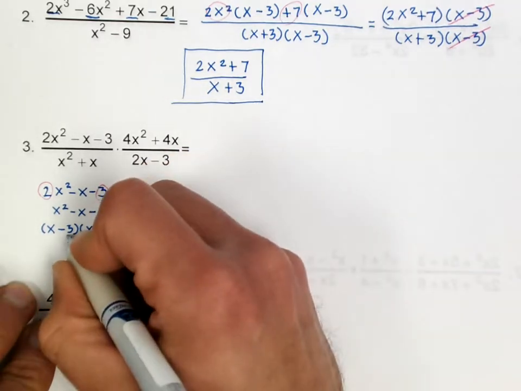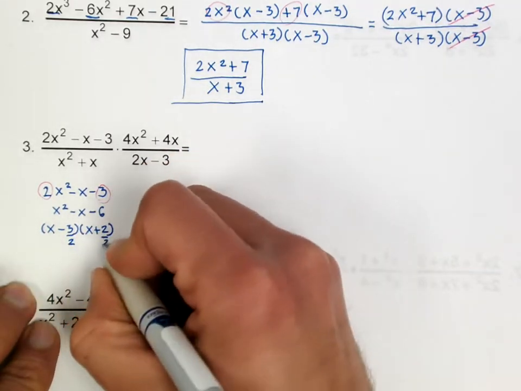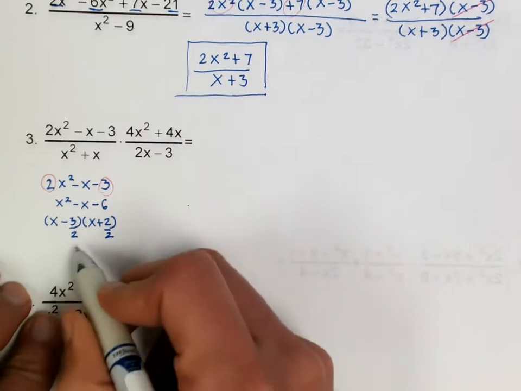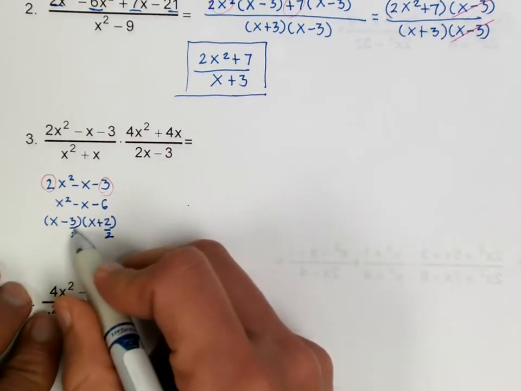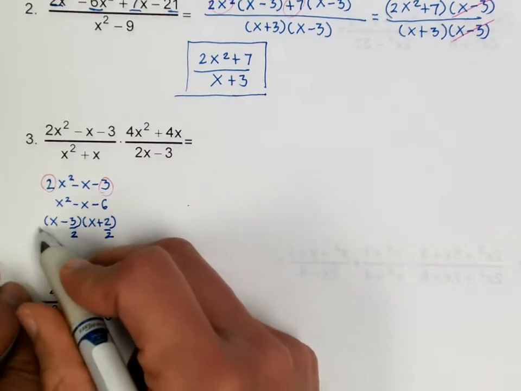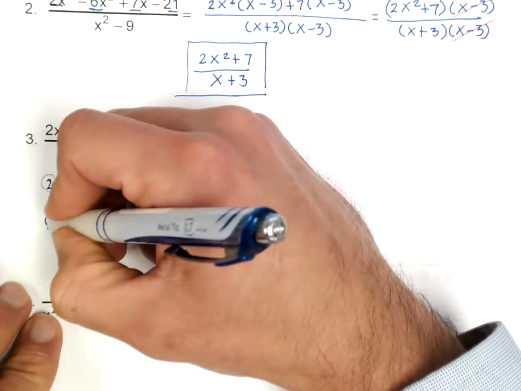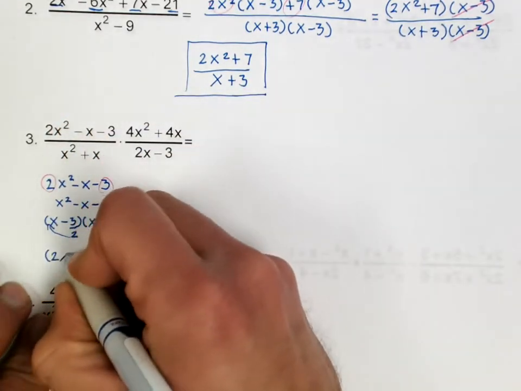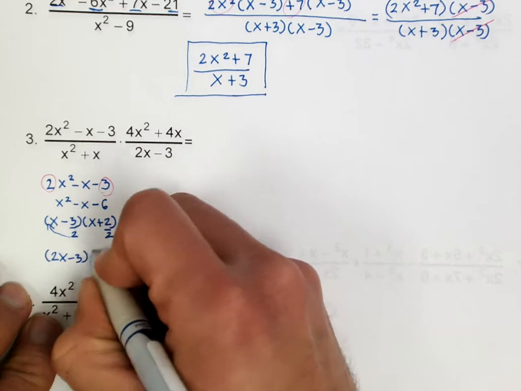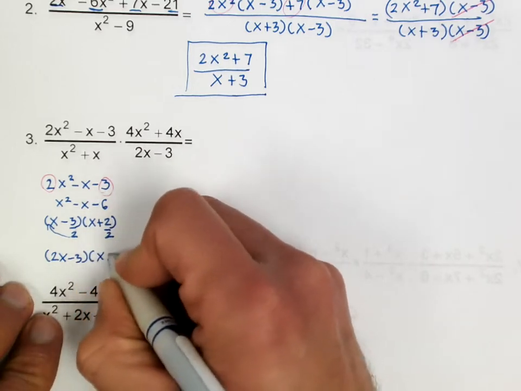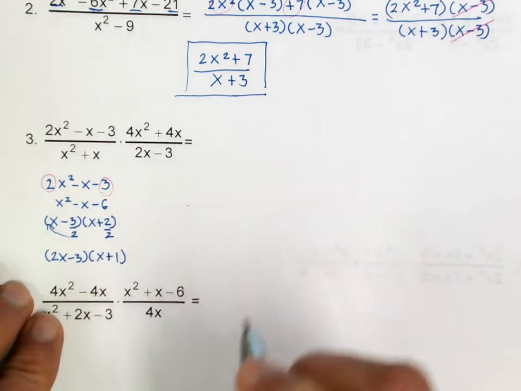And I'm going to divide each one of these by the leading coefficient, which is 2. If you cannot reduce or divide evenly, go ahead and move this 2 up to the front. So this becomes 2x minus 3. And this one, 2 divided by 2 is 1, so this is x plus 1. That's how you do that.